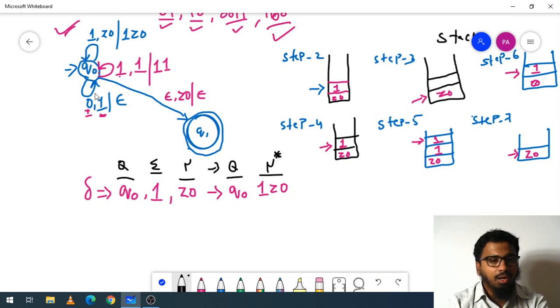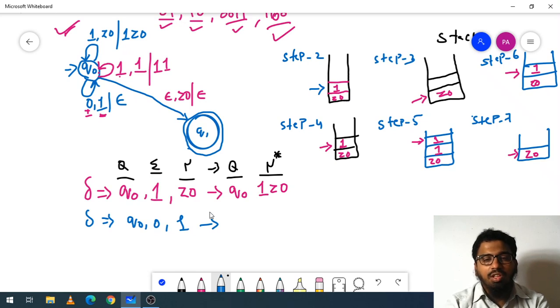The next one is delta of Q0, comma 0, comma 1. What answer are we getting for this? Q0 is going to Q0 only, and we are getting epsilon.